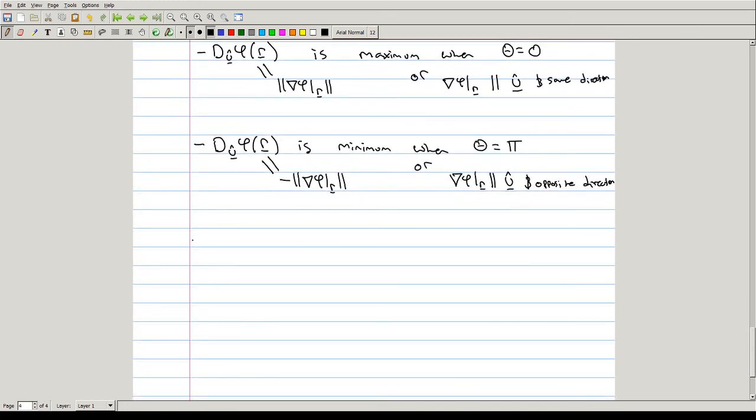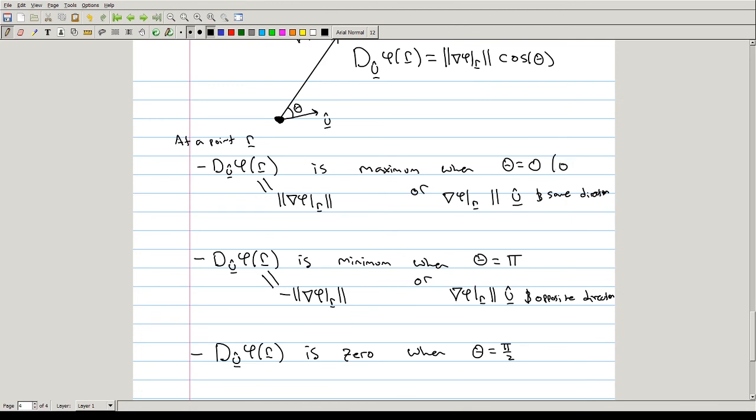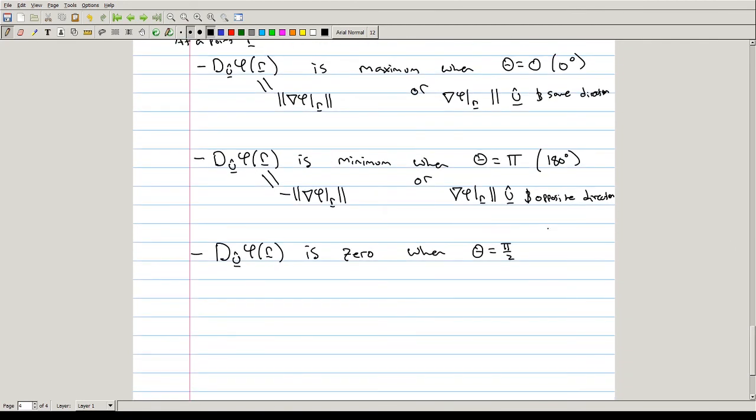And the third and final point here is that the directional derivative in the direction u hat of the function phi at the point r is 0 when theta is equal to pi over 2. Remember that these angles correspond to degrees: 0 degrees, this is 180 degrees, and pi over 2 corresponds to 90 degrees.